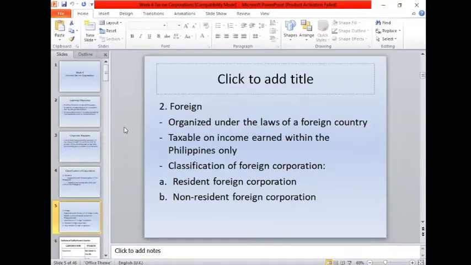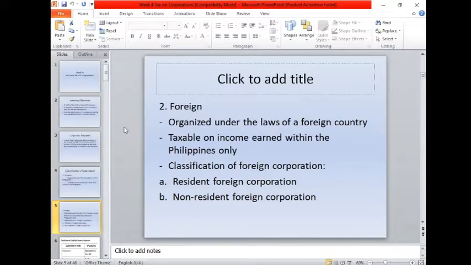The second classification is the foreign corporations. These foreign corporations are organized under the law of a foreign country, which is only extending office or corporate business in the Philippines.